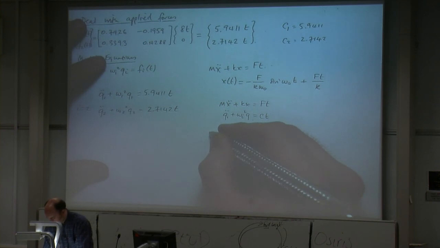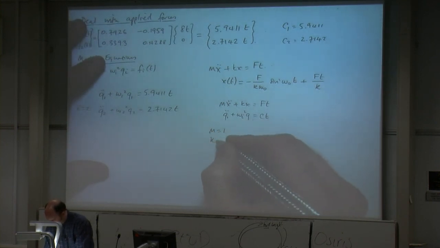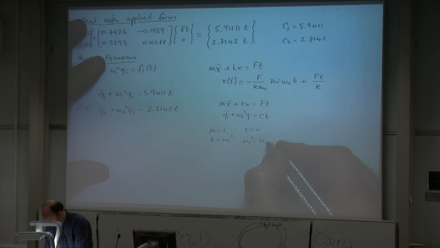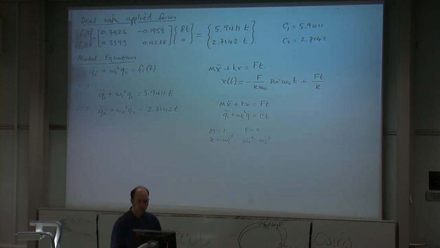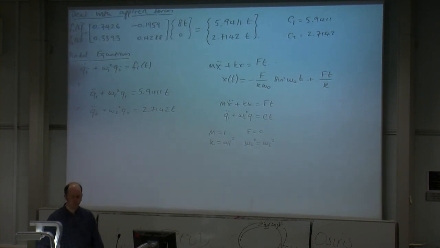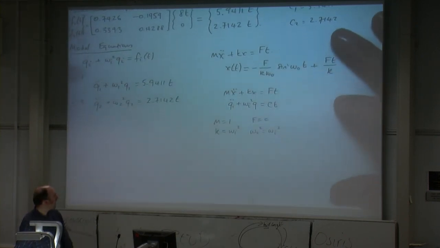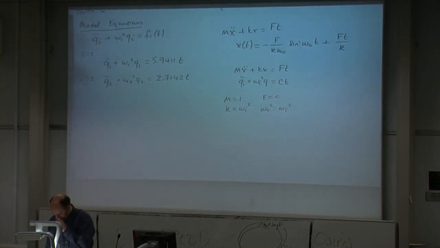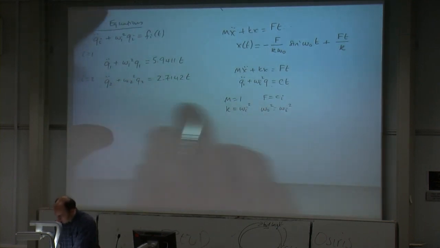We can see that m equals 1, k equals omega_i squared, F equals c, and omega naught squared will equal omega_i squared.